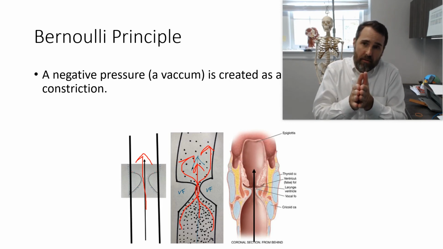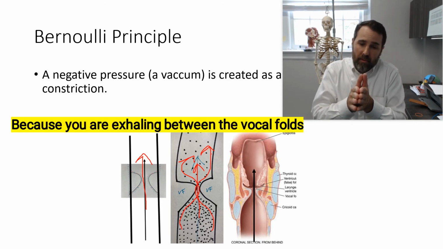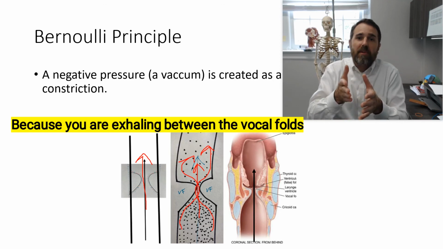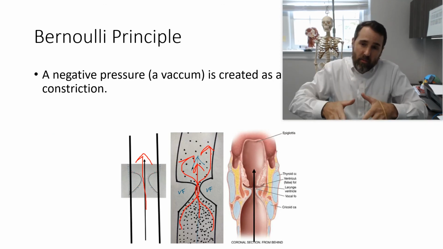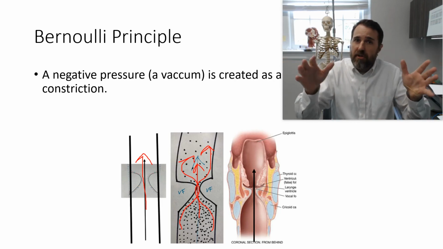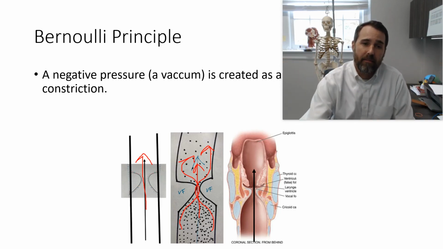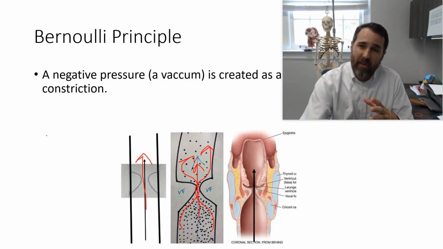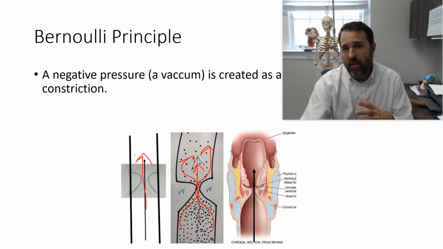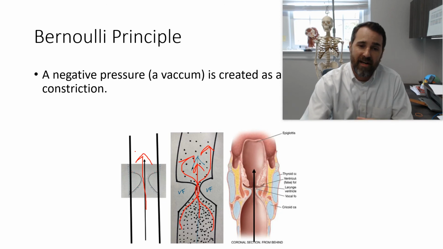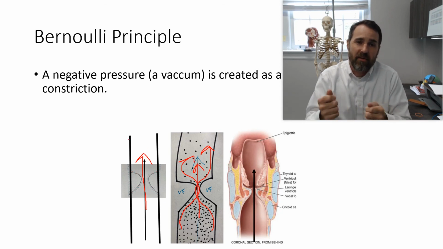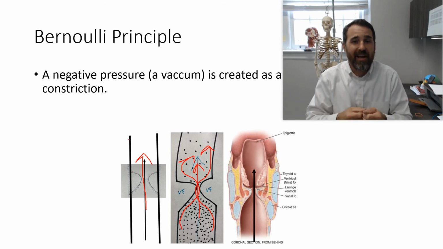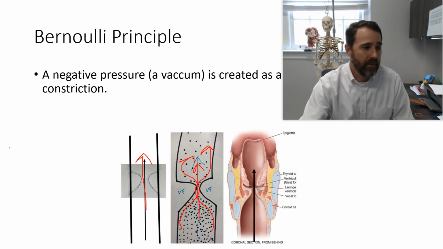Then the pressure beneath them blows them apart. Air rushes between them, and when air is rushing around the constriction of the vocal folds, they're sucked back together. So that is Bernoulli, and that is how vocal fold vibration occurs. Vocal fold vibration is not the result of muscle contraction. It's the result of the aerodynamics of Bernoulli.